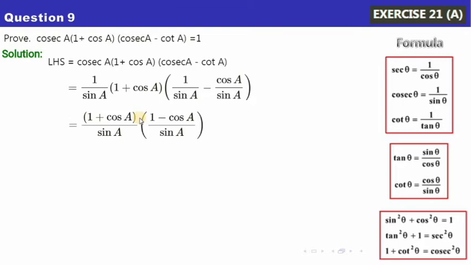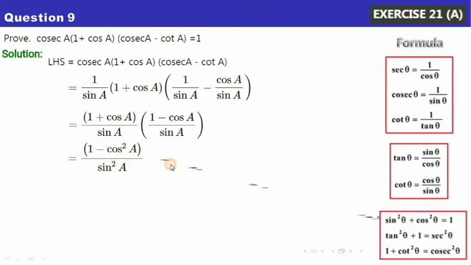A plus B, A minus B, isn't it? In the numerator we have A plus B, A minus B, where A is 1 and B is cos A. So your answer will be A square minus B square. So A square means 1 square, which is 1 itself, minus B square. So cos A square is cos square A, divided by sine A into sine A is sine square A. Okay, fine.